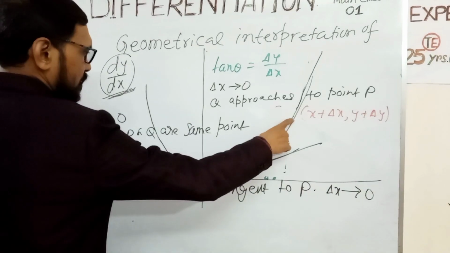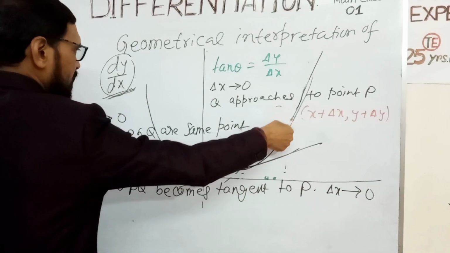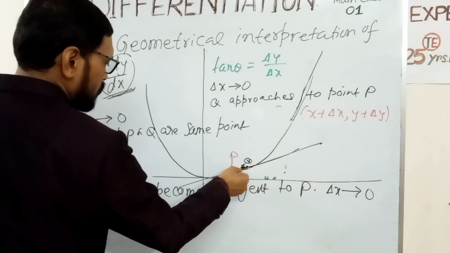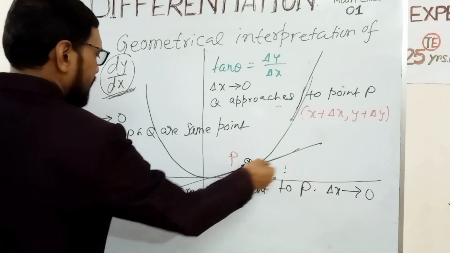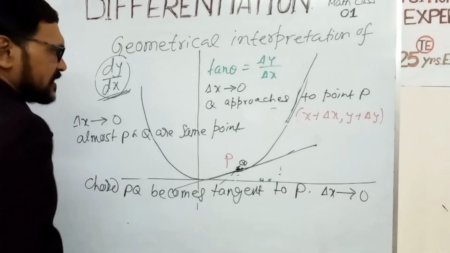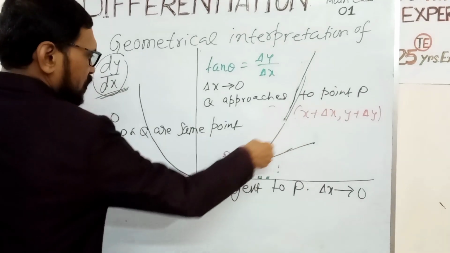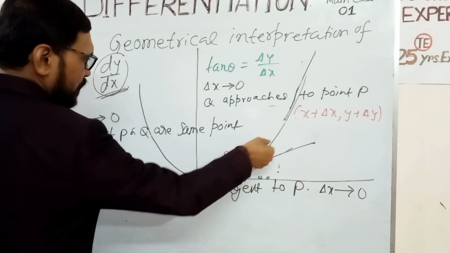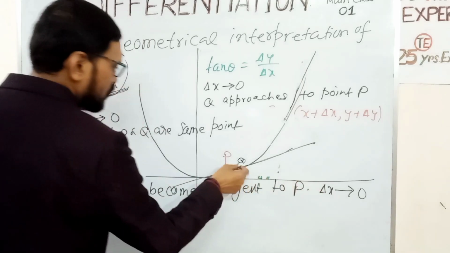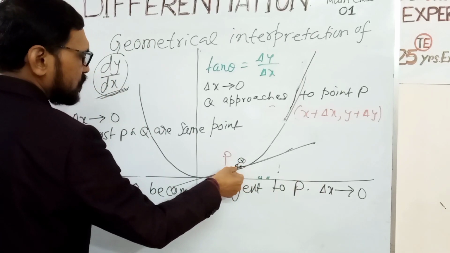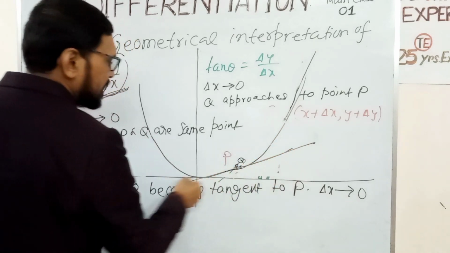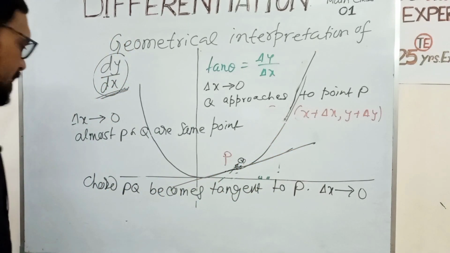Try to understand: the point Q approaches point P, and if delta x tends to 0, very small, then Q and P will be the same point. Now the chord QP will be the tangent at the point P.